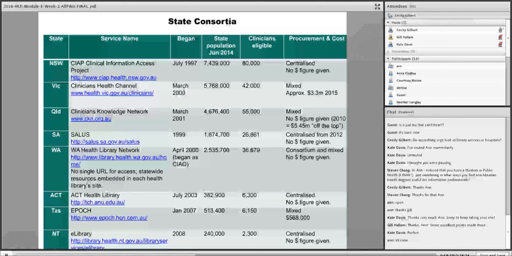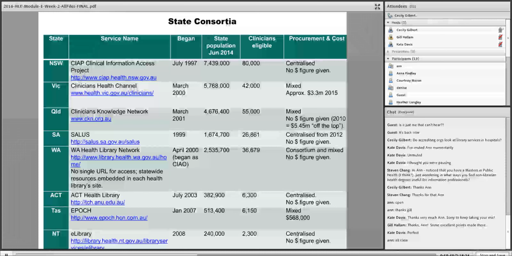On this table, I've included information about all 8 state groups and the acronyms by which they are known. It's an alphabet soup these days, but each of the states has an information program of some sort, and taking the top line, New South Wales has CIAP, which began in the late 90s. It serves potentially 80,000 clinicians, and in the final column of the table, I've given an indication of how those items are procured.